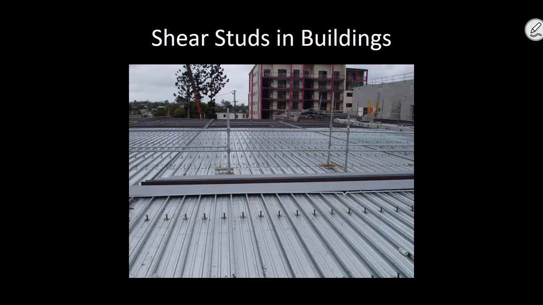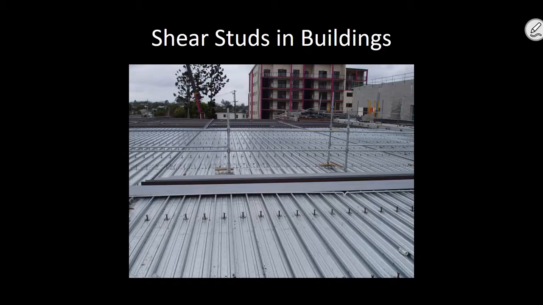So this is an image of shear studs being installed in a typical commercial steel building. You can see here, these are the deck pans, the stay in place metal formwork that they'll then place the concrete deck on top of. And you can see, here's the shear studs being welded on.